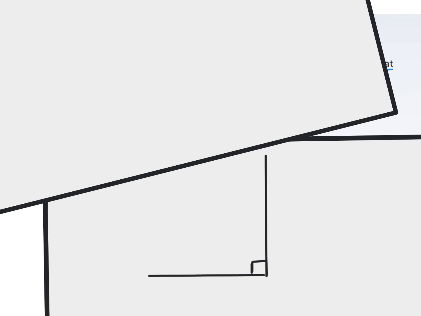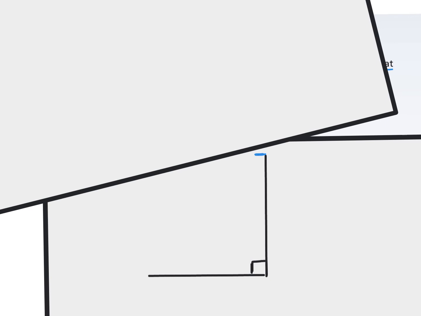And I know you can't see it, but I've got a ruler here that's allowing me to change my angle measurement. I'm having a hard time here.